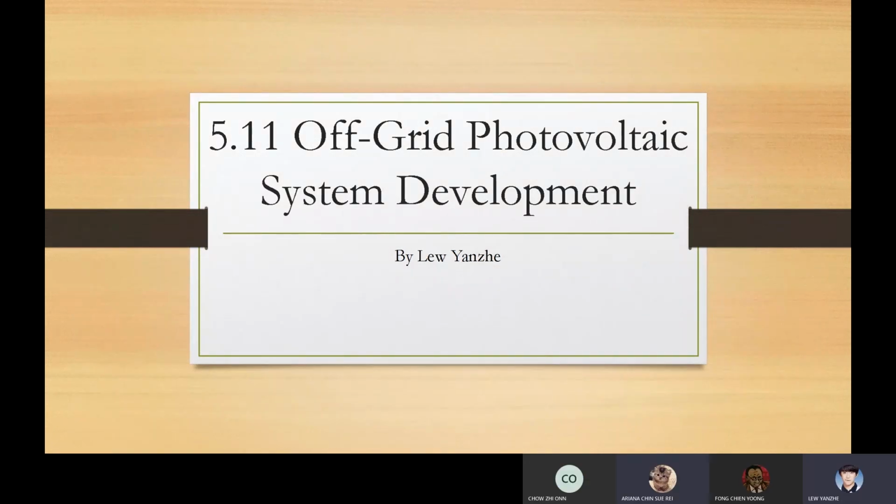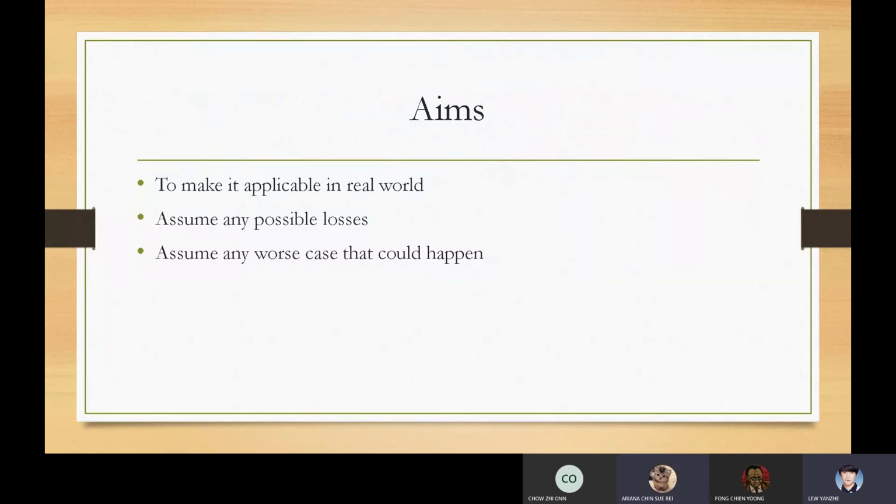So I'm Yanze. I'm presenting the off-grid photovoltaic system development. I gave myself some aims, trying to make the design special. I want to make it applicable even in the real world. So the way I do it is by assuming any possible losses, even if they are very minor, and taking them into calculation.